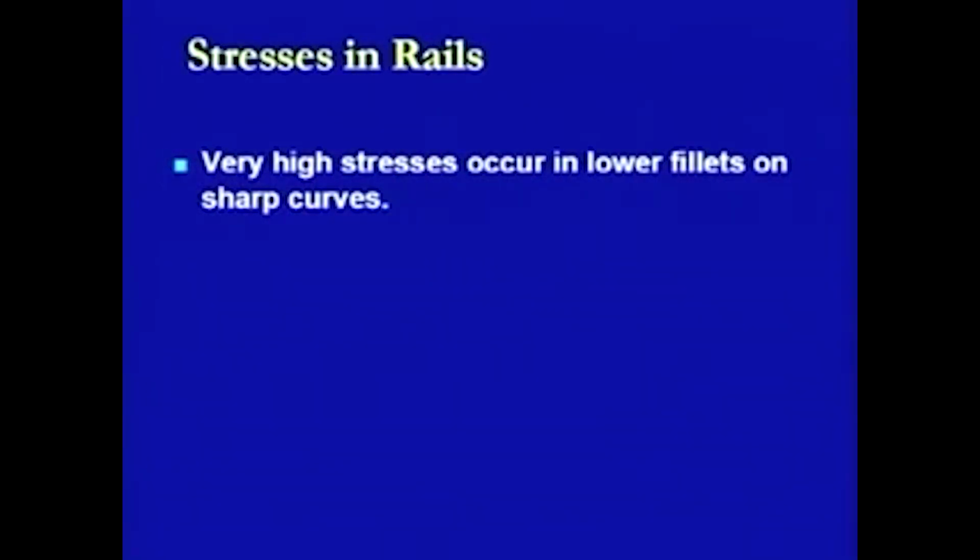Apart from these, there is another condition where high stresses occur in the lower fillets on sharp curves. Now, as we have seen when we discussed the coning of the wheels, there is a condition where there is a sharp curve or any curve on which the train or the wagon or the locomotive is moving, and due to the rigidity of the wheelbase by which the two axles have been combined together, there is a relative movement between the trailing axle and the facing axle.